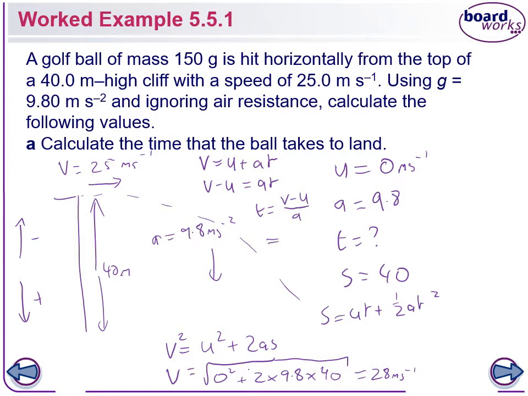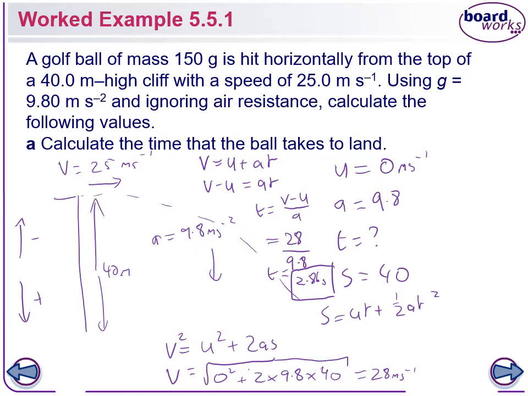So v minus u is going to be 28, so 28 minus 0 divided by 9.8. Our time is going to be 2.86. It's a bit of a mess, but there is our answer.